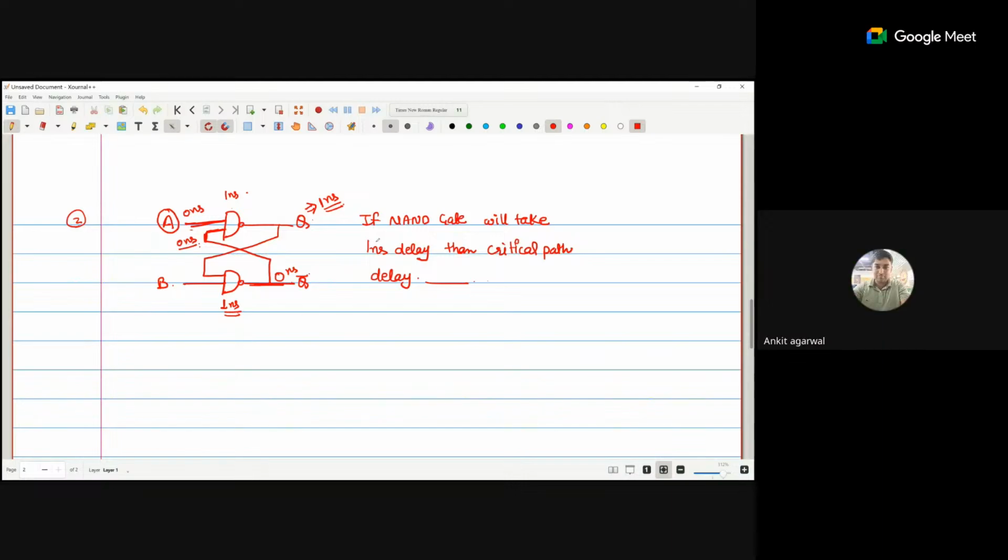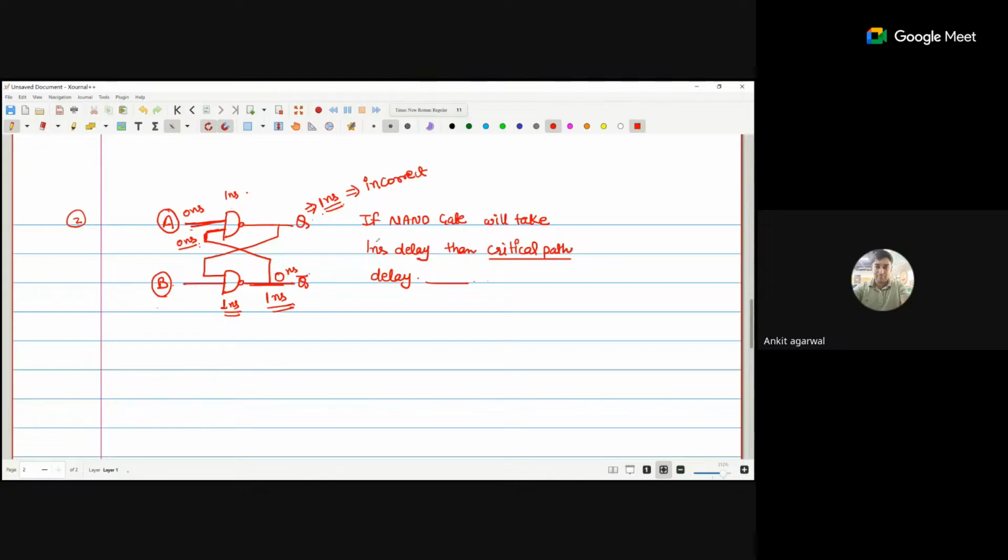Now there is one term, the critical path delay. Critical path delay means that the output that we received after 1 nanosecond is incorrect. Why is it incorrect? Because we are getting the output Q bar at 0 nanosecond, which is only possible if Q bar is not dependent on B. If Q bar is dependent on B, we get Q bar after 1 nanosecond, because here there is also a NAND gate.